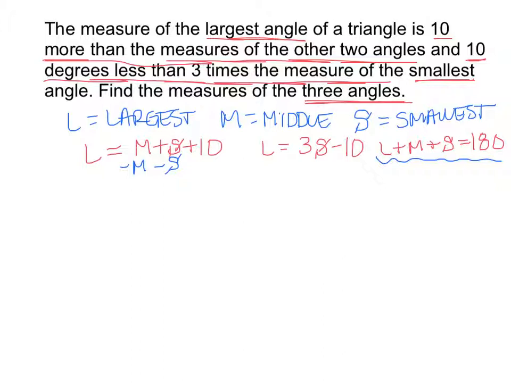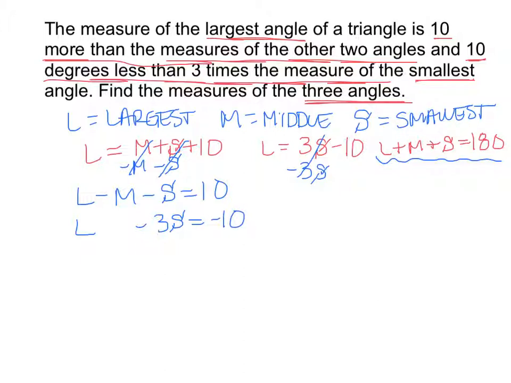So that way I end up with large minus medium minus small equals 10. I'm also going to change the middle equation. I think I'm going to just move the 3 small over. So I'm going to have large minus 3 smalls equals negative 10. And then I also have the large plus the medium plus the small, which equals 180.